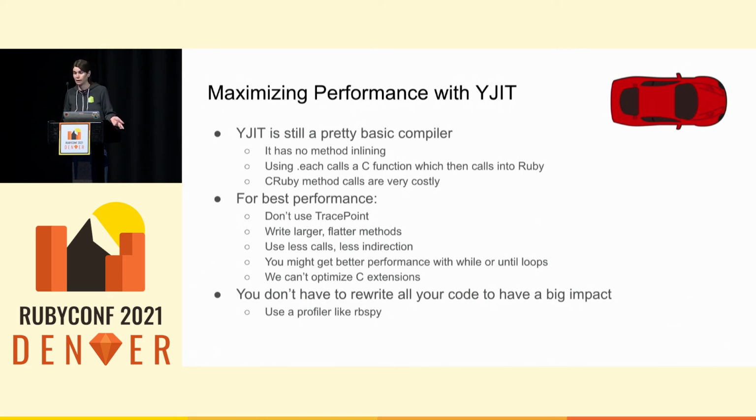In practice, your code might behave based on the Pareto principle, where 10% of your code does 90% of the work, or 5% of your code does 95% of the work. So you could use a profiler like rbspy to find out which functions run the most in your software, and you can make some small adjustments to these functions, with a little bit of trial and error, and actually get a big performance difference.